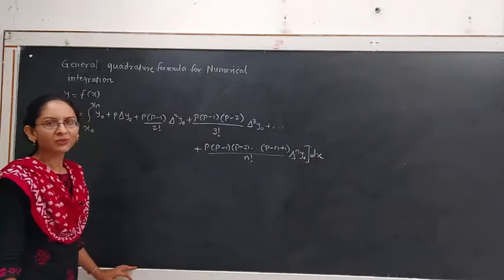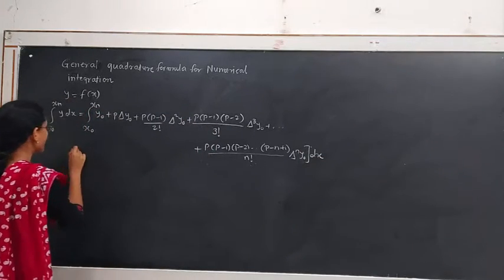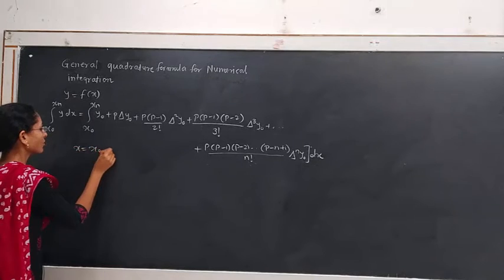What is the substitution for p? We have x is equal to x0 plus ph.